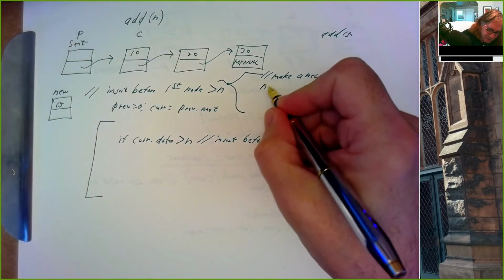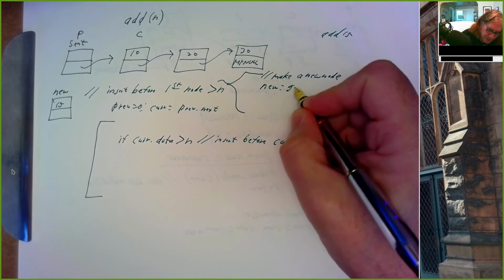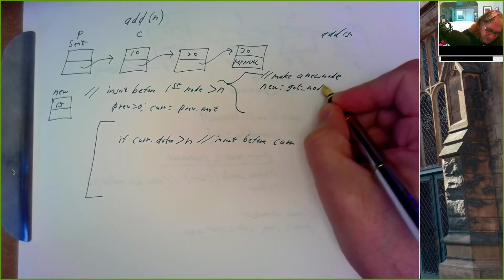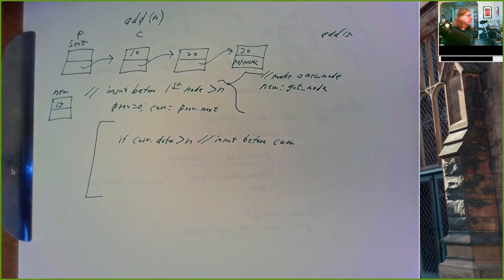And so new is going to be get node. So we call our get node function. That will do the job of searching for an entry in our array with valid equal to 0 and returning its index, and also setting the valid flag equal to 1. We don't have to worry about those details here. We want a node, we call get node, it gives us a node.